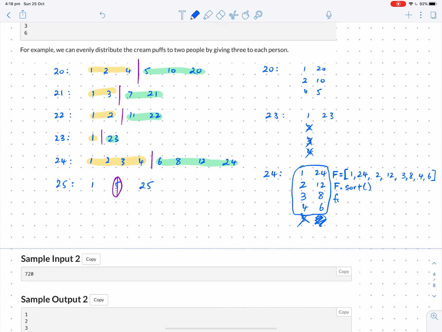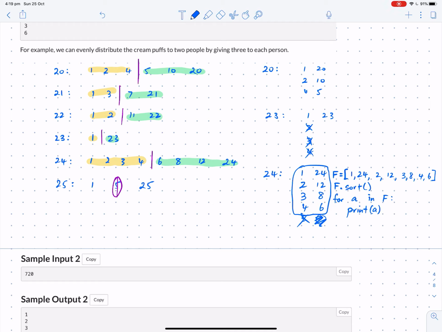And then for A in F, print A. Done. So we can build the list not in order, and then we ask the computer to sort it. We don't have to do any work for that. The computer can do that quite quickly, and then we print them one at a time.